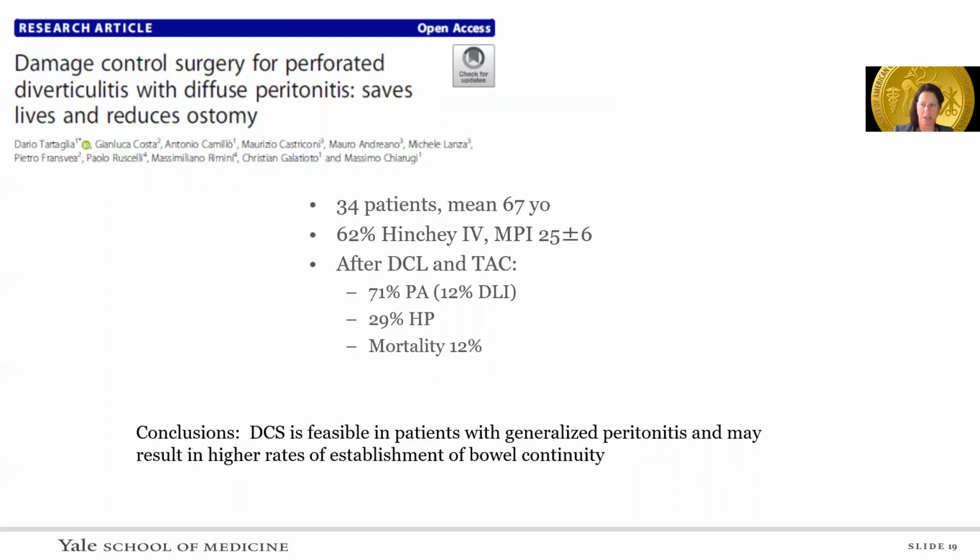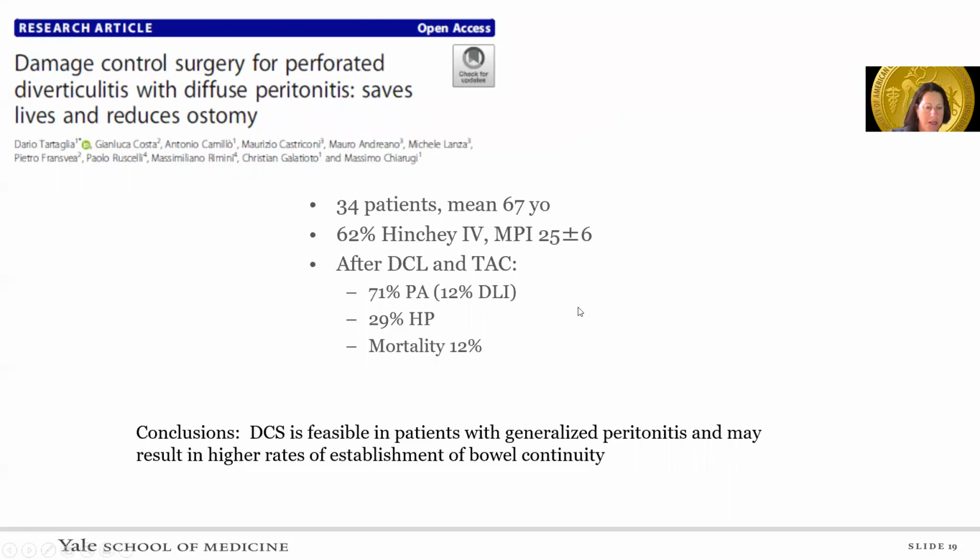So they had an initial resection, they were washed out, and they had a temporary abdominal closure, and then 48 hours later, they were taken back to the operating room. 71% underwent a successful primary anastomosis, only 10% of those required diverting loop ileostomy, whereas 30% underwent a Hartmann procedure, and their overall mortality was very acceptable at 12%.